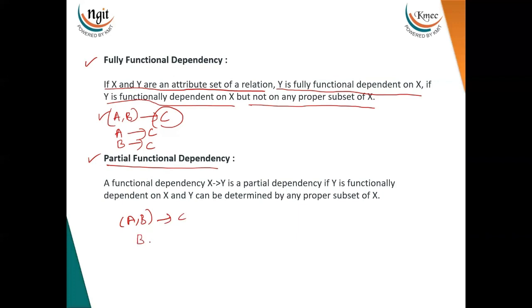If B is able to identify C and A is also able to identify C individually, then we can say that C is partially functionally dependent on the attributes A and B.